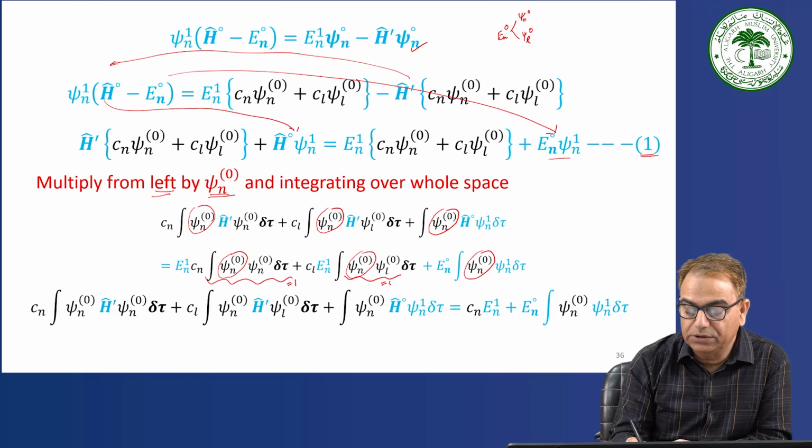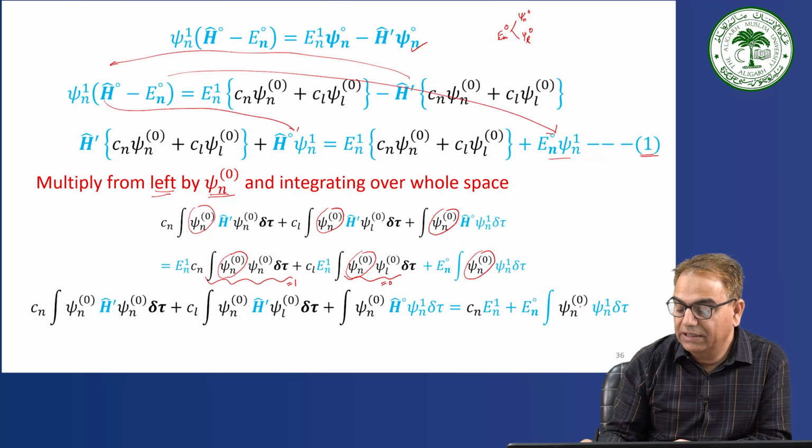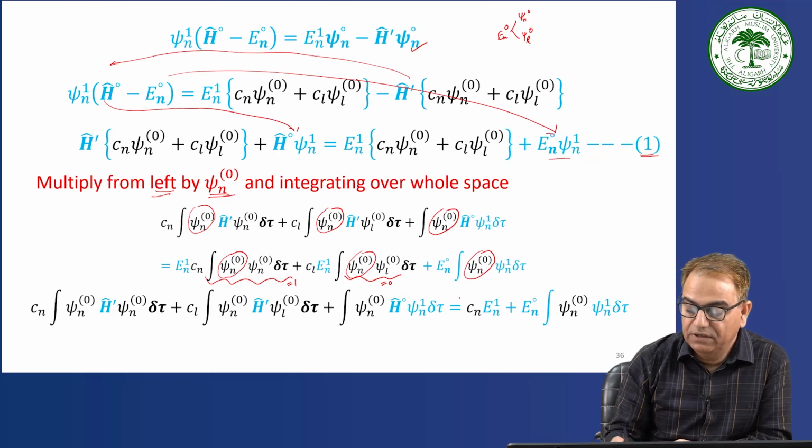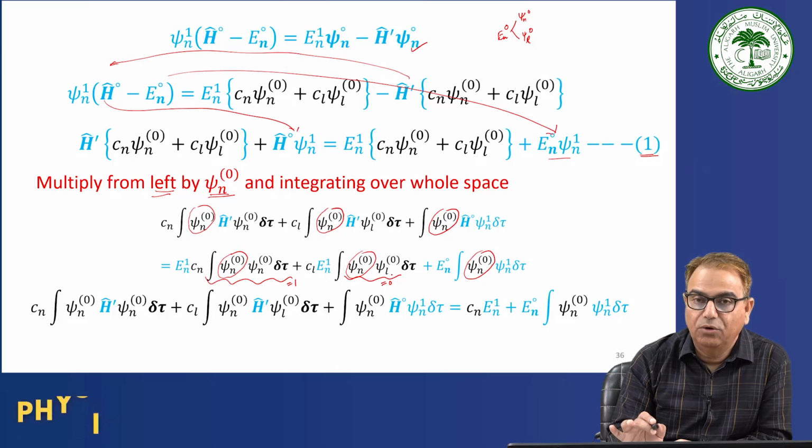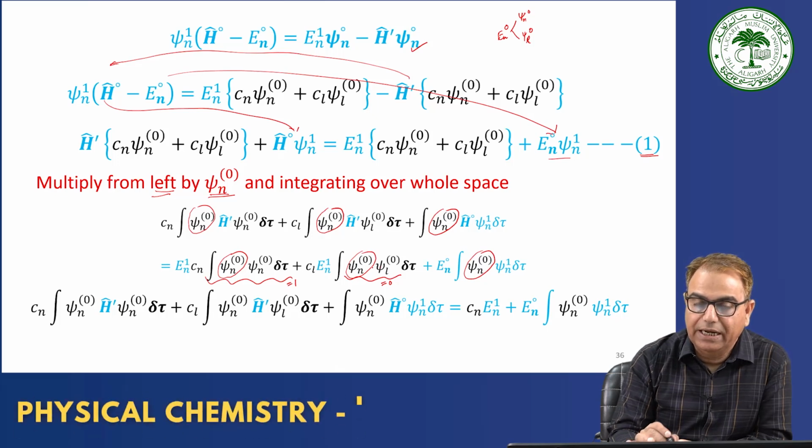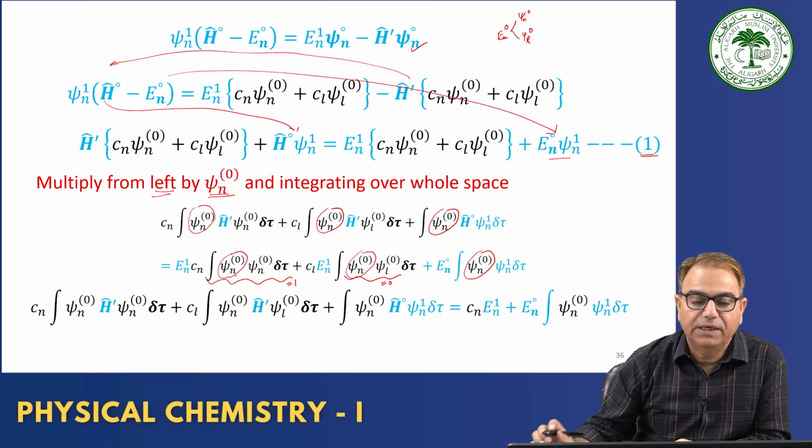So this will be equal to 0. So this term will go. Now in the third term, you have En naught and psi n naught, psi n1 theta. So we have one term omitted from the right hand side, and the first term on the right hand side becomes equal to Cn En1 because of the normalization condition.